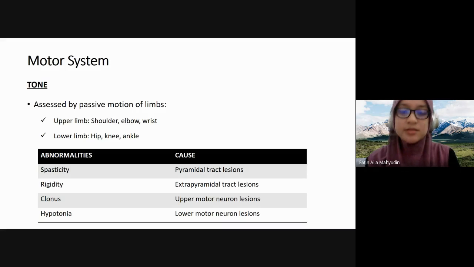For example, clasp-knife spasticity, it is usually associated with pyramidal tract lesions, for example, cerebral palsy. And for rigidity, it feels rigid all the way. Can be seen in extrapyramidal tract lesion. So for clonus, clonus is the sign of upper motor neuron lesion, and for hypotonia, it is sign of lower motor neuron lesion.